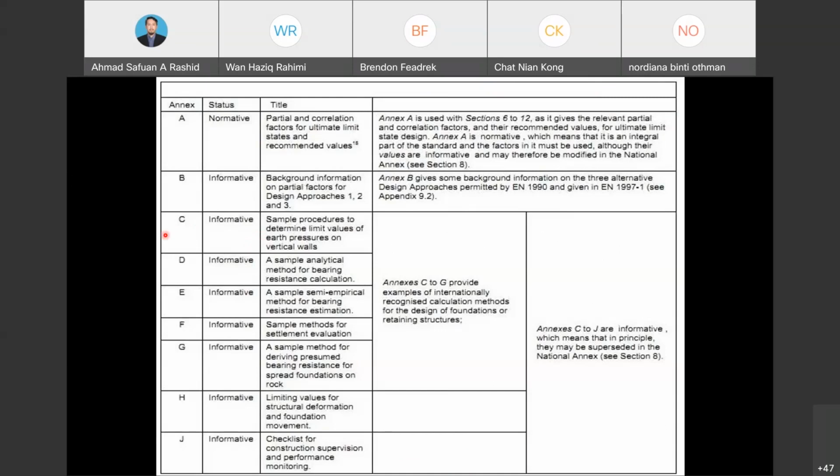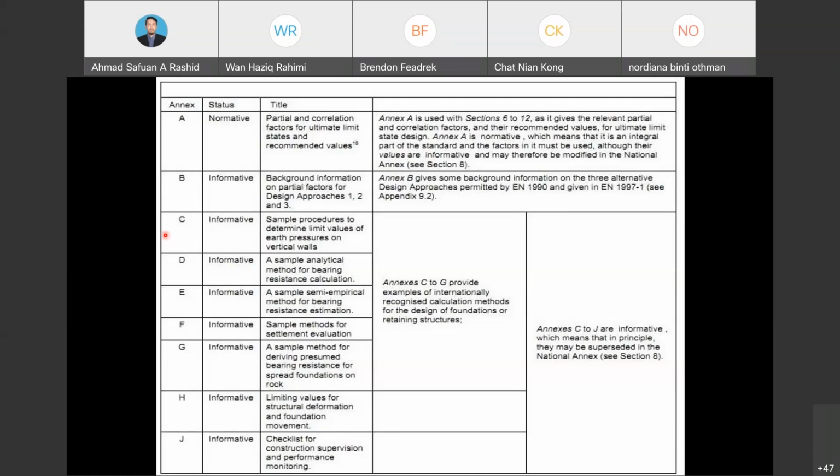So the Malaysian standard annex is not very thick. It only has 22 written pages.